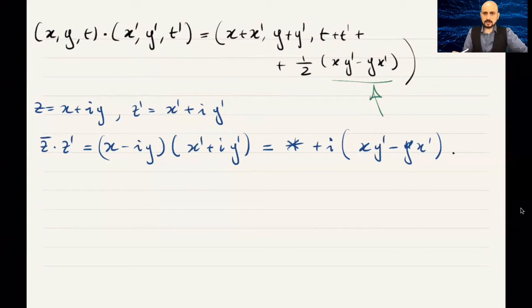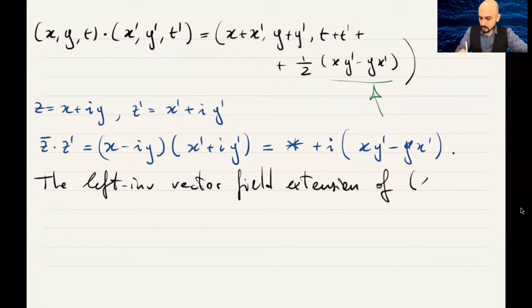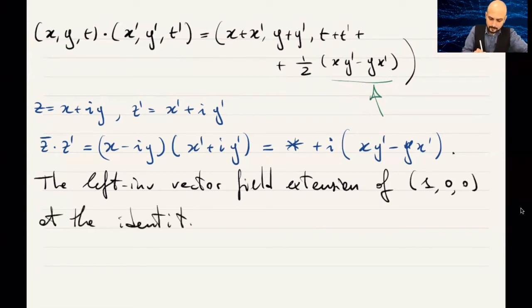Okay, let's check how to calculate some left invariant vector fields. For example, the left invariant vector field that is an extension of the vector (1, 0, 0) at the identity. Okay, first of all, what is the identity?